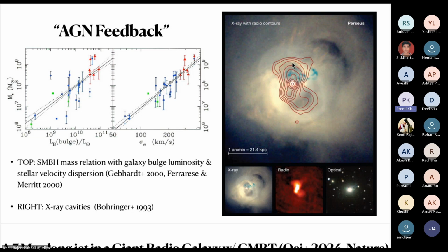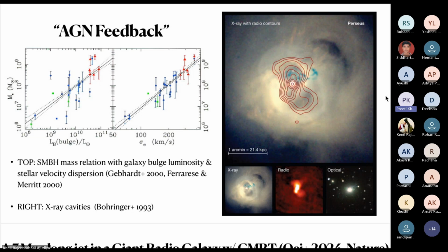So the AGN is not limited to the black hole in the center; it can go way beyond the host galaxy, all the way into the galaxy cluster, and still have effects. It moves gas around, compresses gas, and that is how it influences much larger structures than itself.